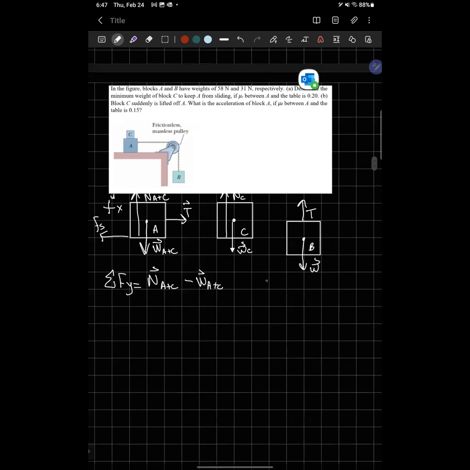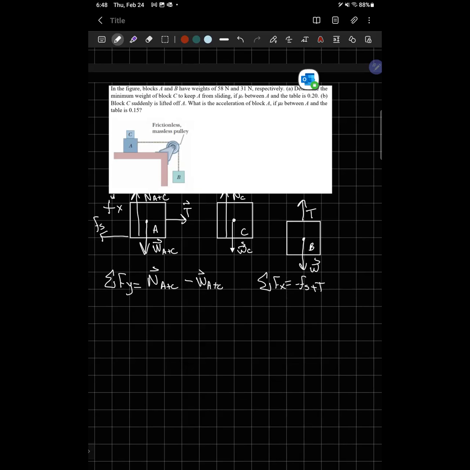Let's go on to X. So I have static friction. Then I have tension. Now, I've done a question like this in my session.